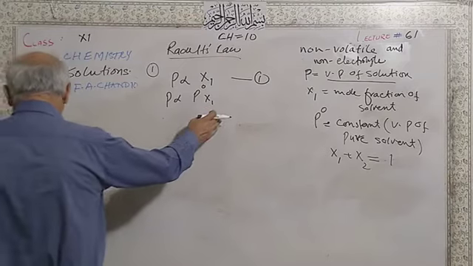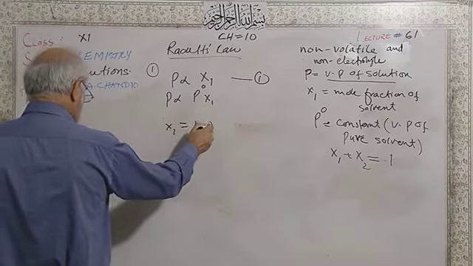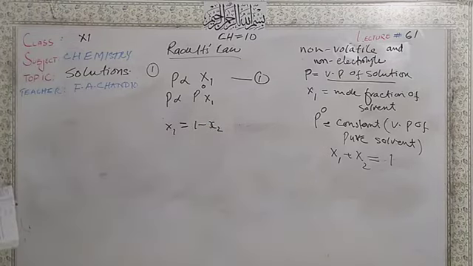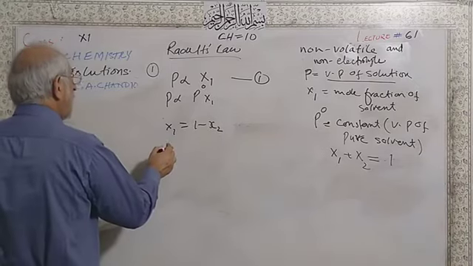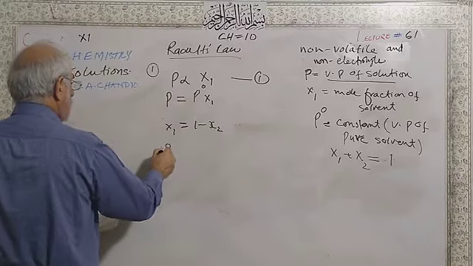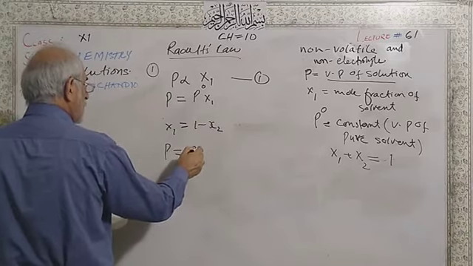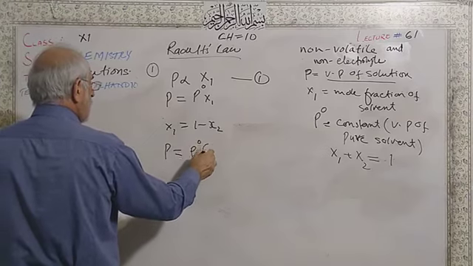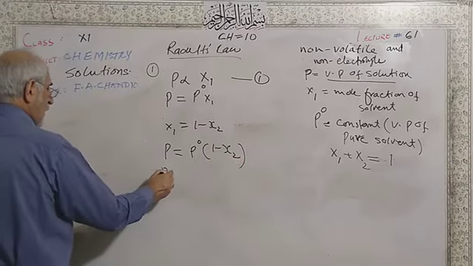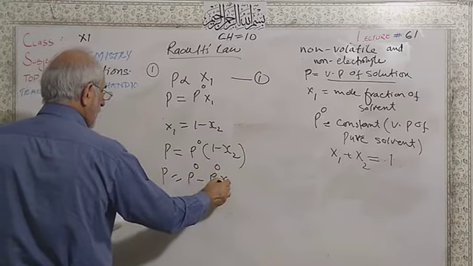So when we calculate X1, X1 will be equal to 1 minus X2. Then put the value here. So P is equal to P naught times 1 minus X2. So P will be equal to P naught minus P naught X2.